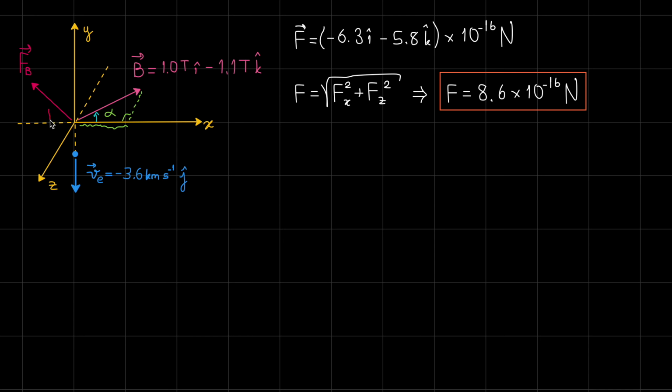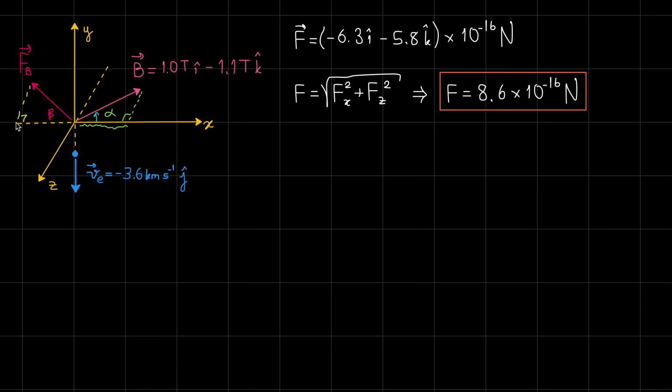So let me find this angle right here. I'm going to call it beta. So this is the angle from the negative x-axis towards the negative z-axis. How do I find this angle? Again, let me use inverse tan. Here's a dashed line parallel to the z-axis again. Here's a right triangle.